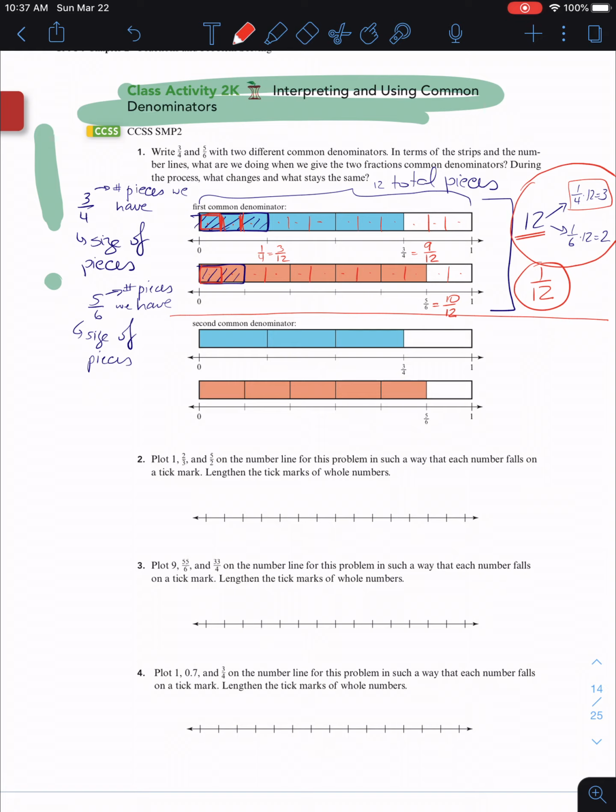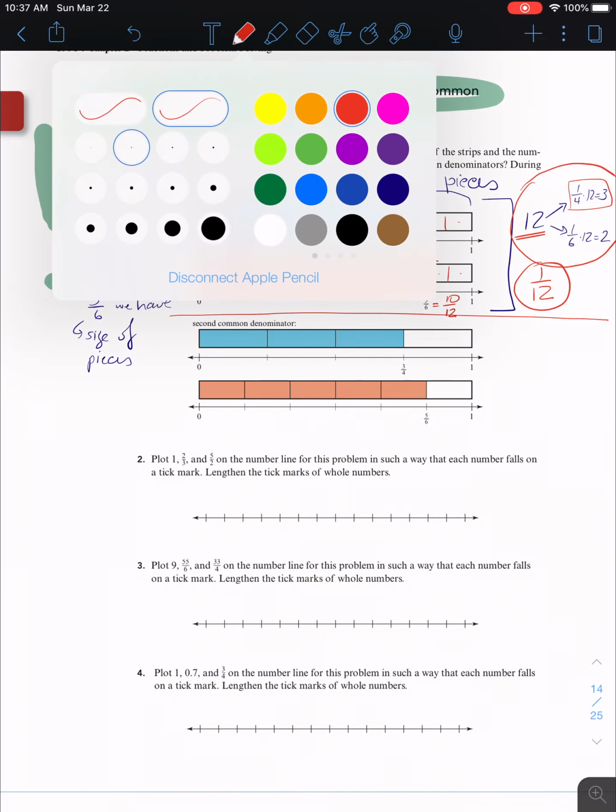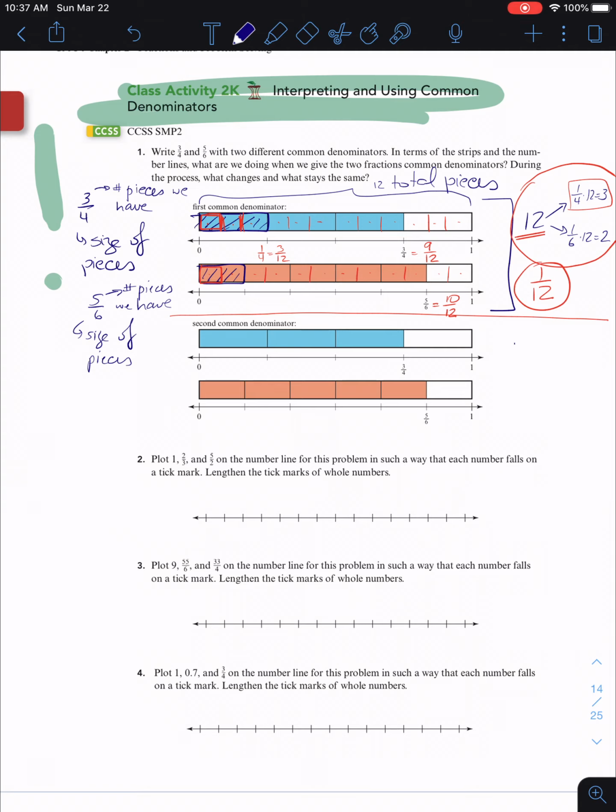Now, 12 wasn't the only number. It just started with a small number. There may be other numbers that can be split into quarters or sixths. So, for example, maybe 24. 24 could be split into quarters or sixths. And I'll leave that up to you to figure out.